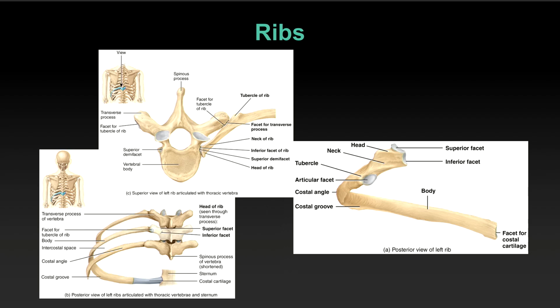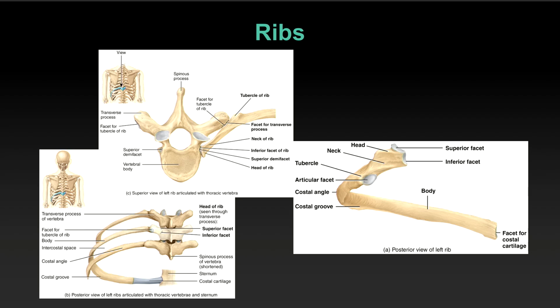So we're going to take a little time to explore these articulations. We've talked about where ribs articulate. You know there are superior and inferior facets on the head of the ribs that match up with the demifacets on the vertebrae.